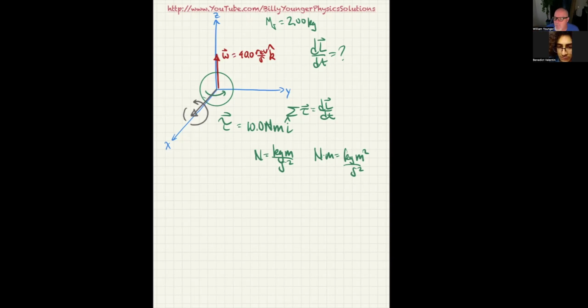So you put the right hand rule into place, and the thumb gives you the torque, the angular velocity, or the angular acceleration. They all are given by the direction of your right hand thumb.